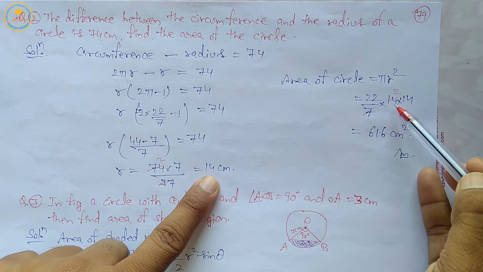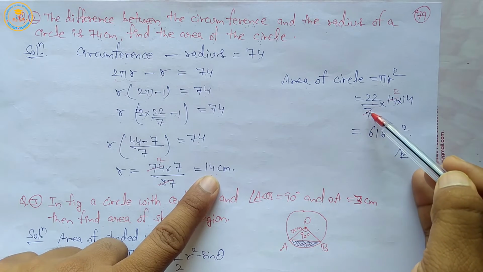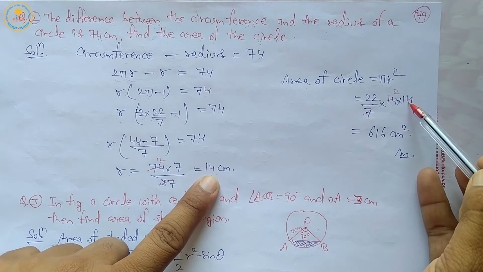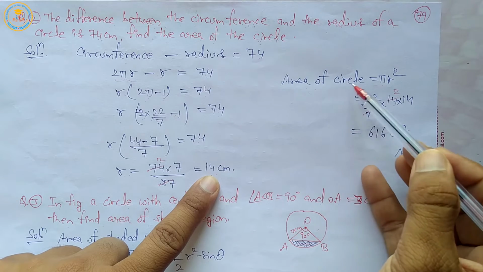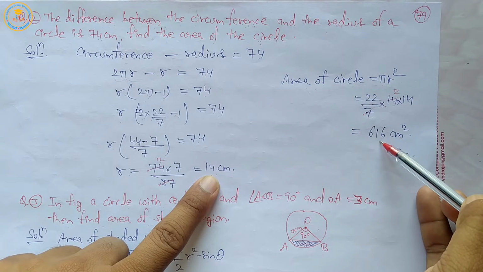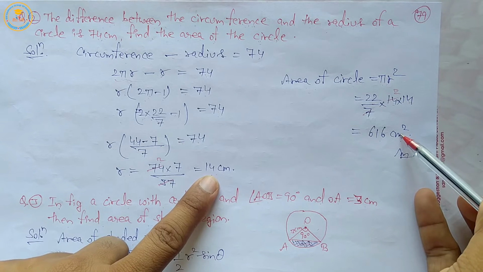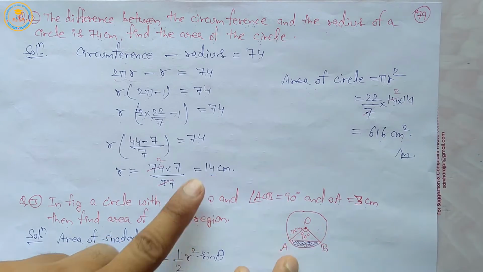So put here r equals 14 into 14. 7 cancels out by 14 two times, 22 into 2 into 14. So we get the area of circle is 616 centimeter square. Answer: 616 centimeter square.